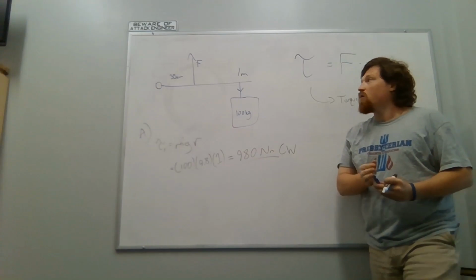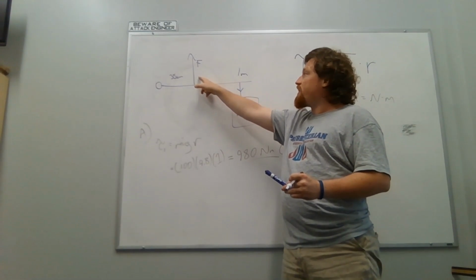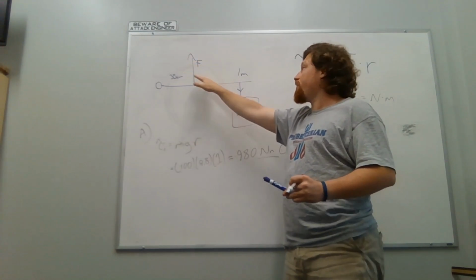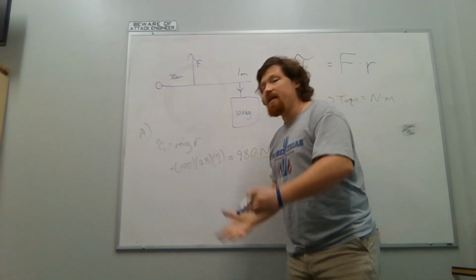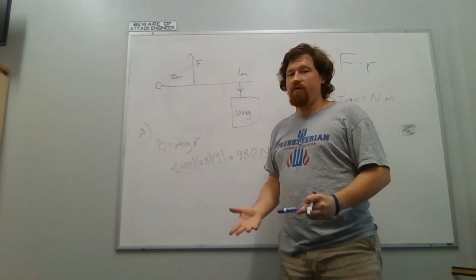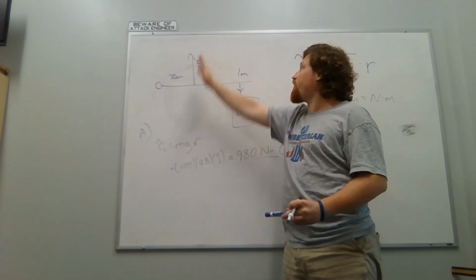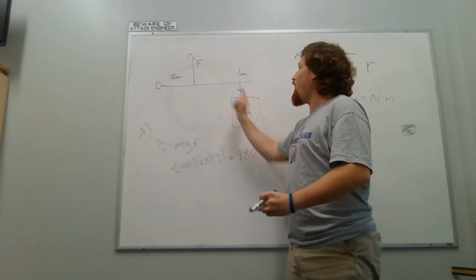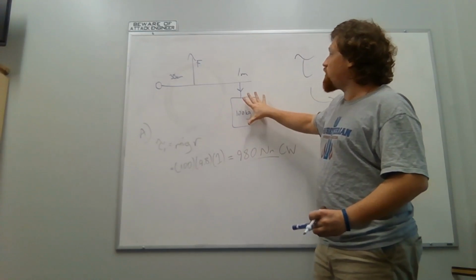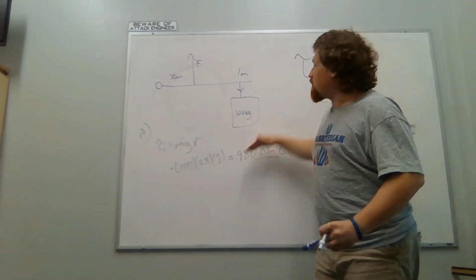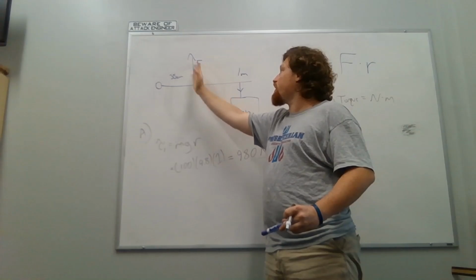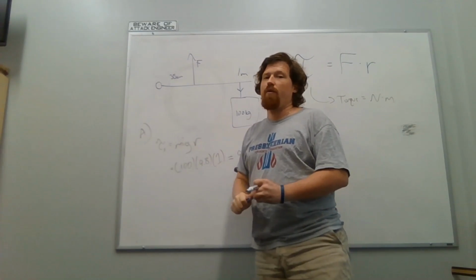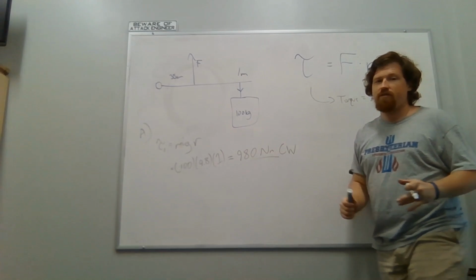Because we have another force right here pulling up on this cable, pulling up on this rod, trying to keep this thing from rotating. This is trying to keep the post from rotating. These two forces are pointed in opposite directions, and so this hanging mass is trying to make it spin clockwise. This force pulling up is trying to make the post spin counterclockwise. They're going to be in opposite directions.